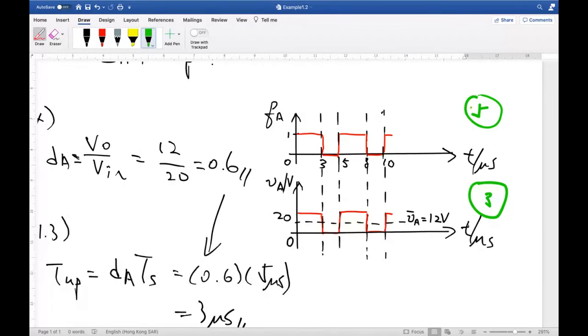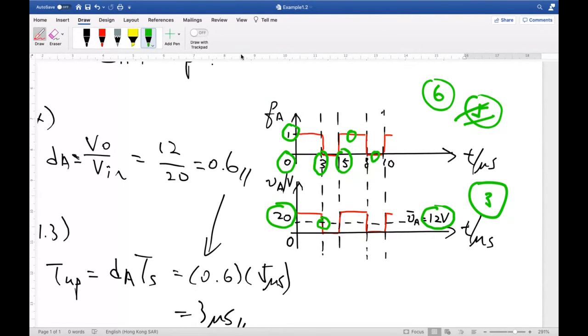You need to indicate the labels 1, 2, 3, 4, 5, or 6. So this one full mark is 6. And for this one, the waveform should be correct, and then the average, so 3.